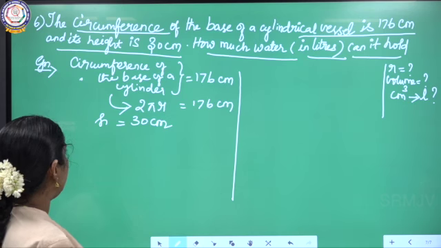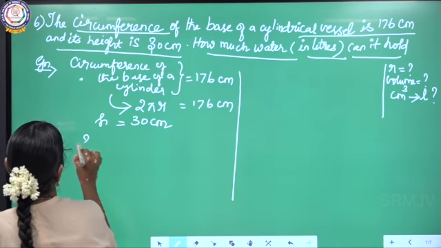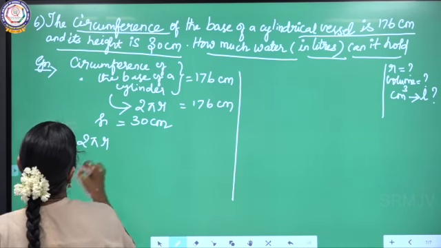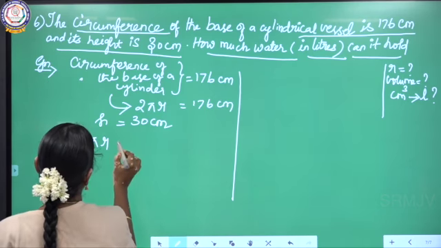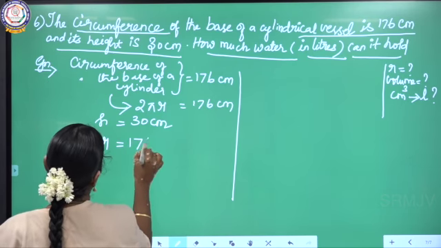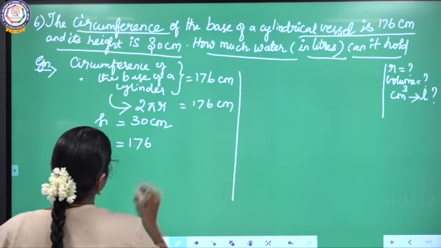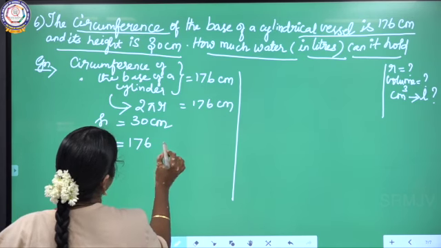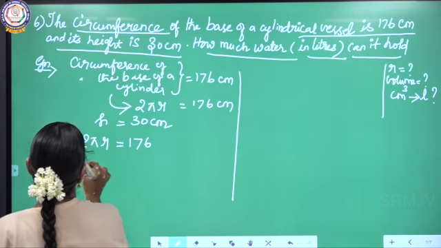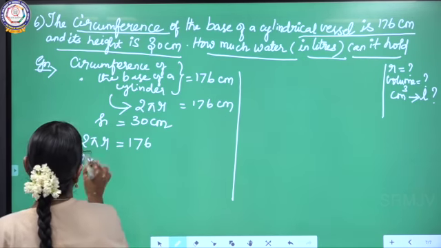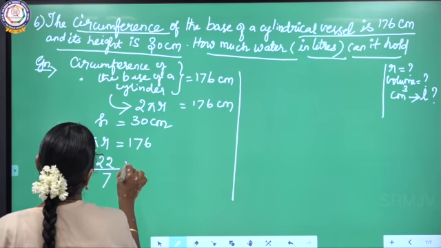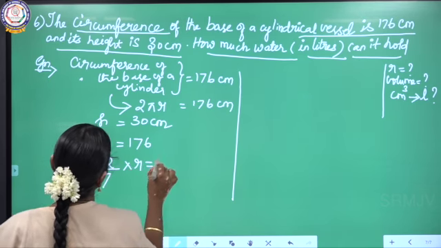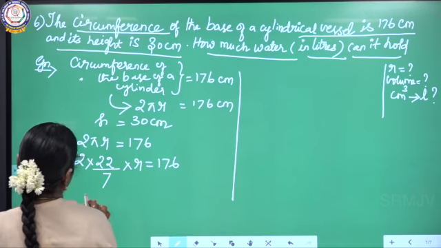Now, listen, children. I am going to find out the radius here. So, circumference of the cylinder is equal to 2 pi r, which is 176 centimeter. Substituting here 2 into pi 22 by 7 into r is equal to 176.